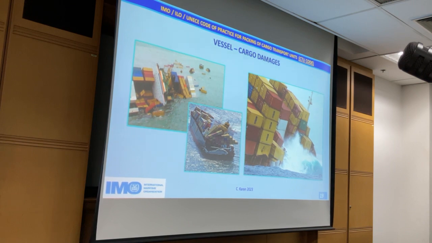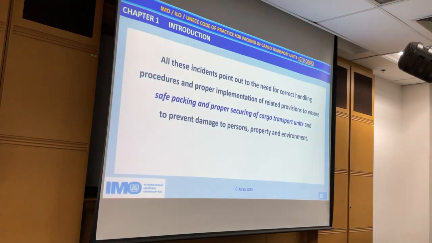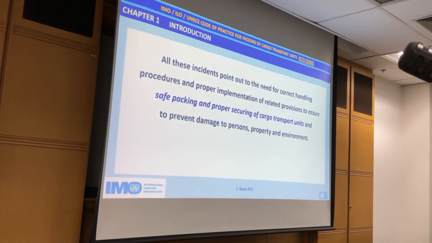You know, verified gross mass is very important and related to this. If we have extra weight in every container, with all the thousands of containers in one ship, you can see the stability issue, right? Perhaps in one container it's nothing, but with all the containers together, it will be a cause for incidents.